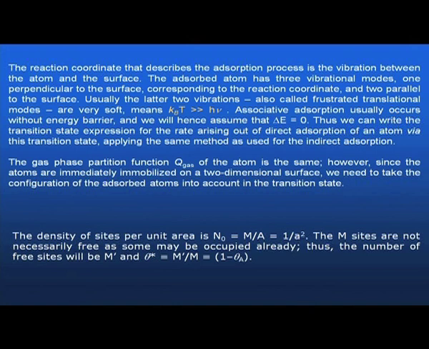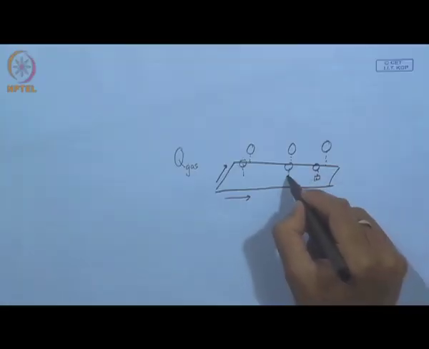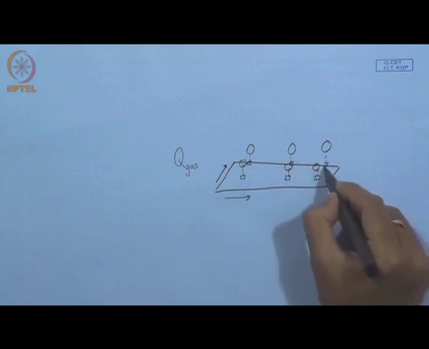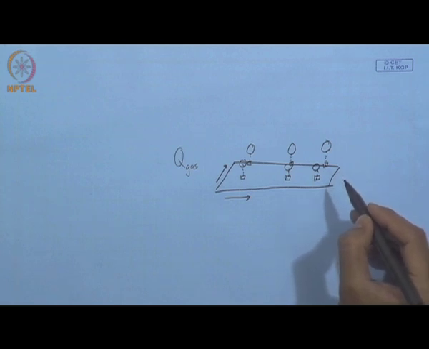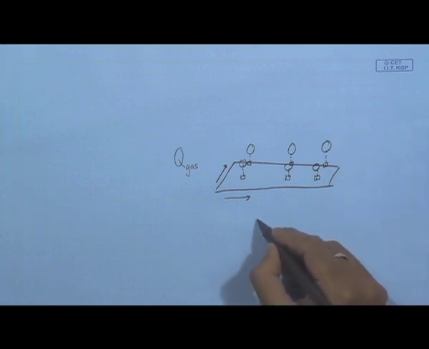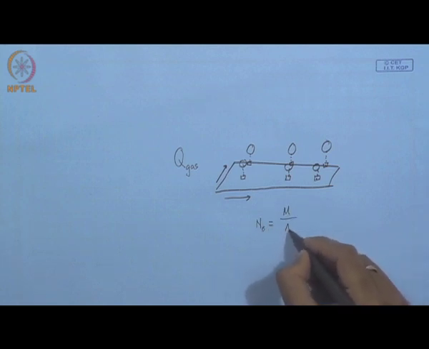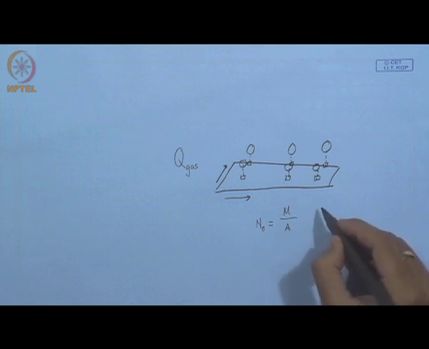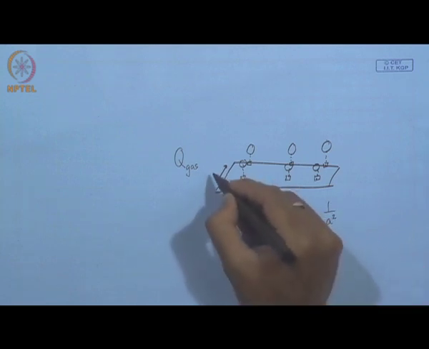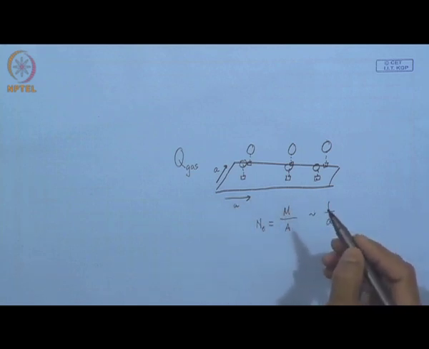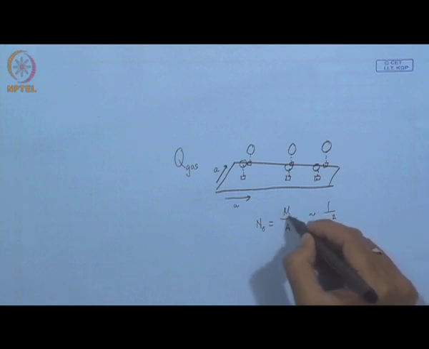So, this is the situation. The density of sites means, say this is one site, this is another site, say this is another site, like this. The density of sites per unit area will be equal to, as usual, N0 equal to m, the total number of sites, divided by area, which goes as 1 by a square, where a is the length of this side and that side. Now, all these m sites are not necessarily free.